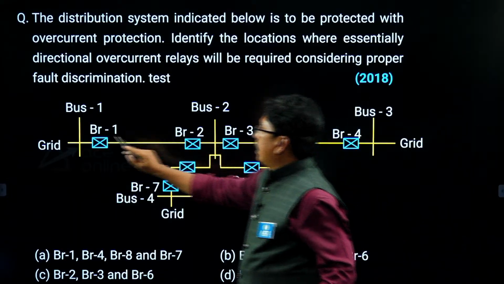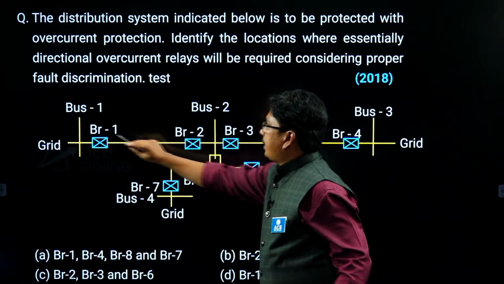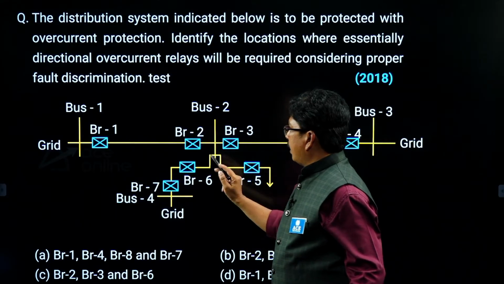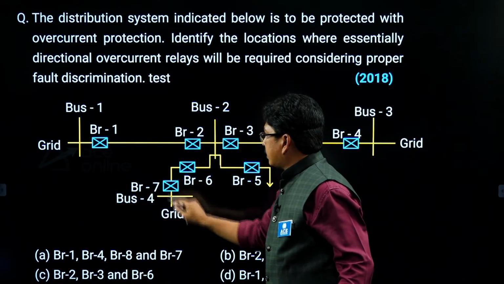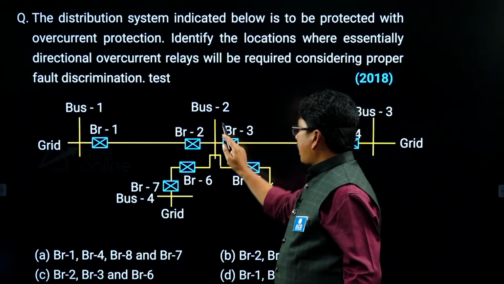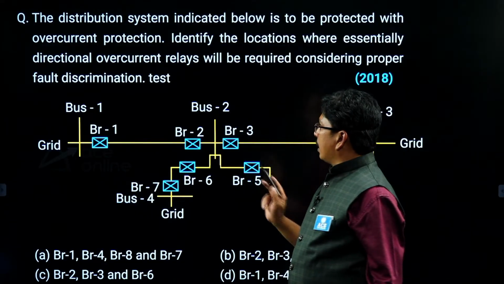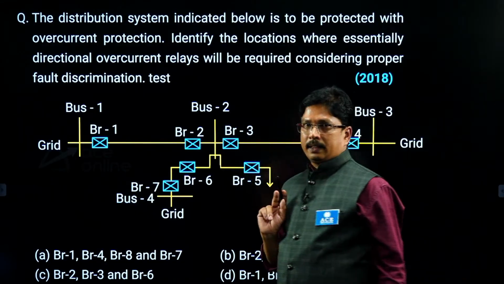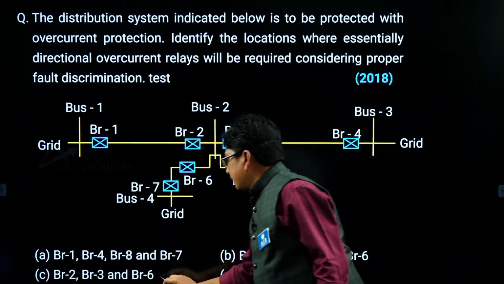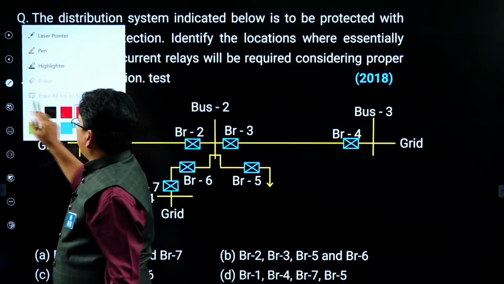For 2, current will flow like this also. For 3, current will flow like this also. For 6, current will flow like this also. But for 5, current flows only in this direction, no current flows in the reverse direction. So 2, 3, 6 are the correct answers.